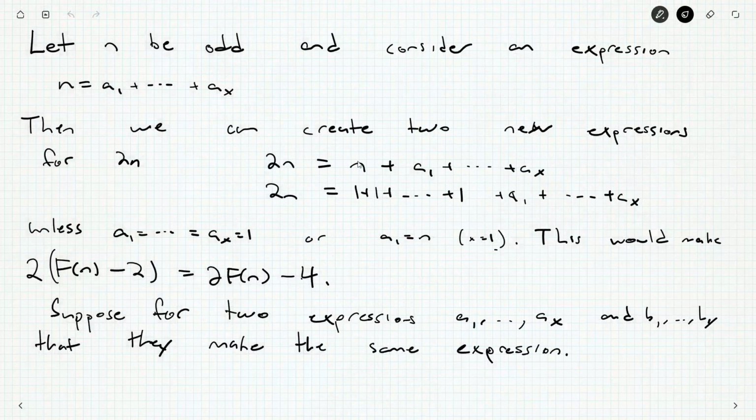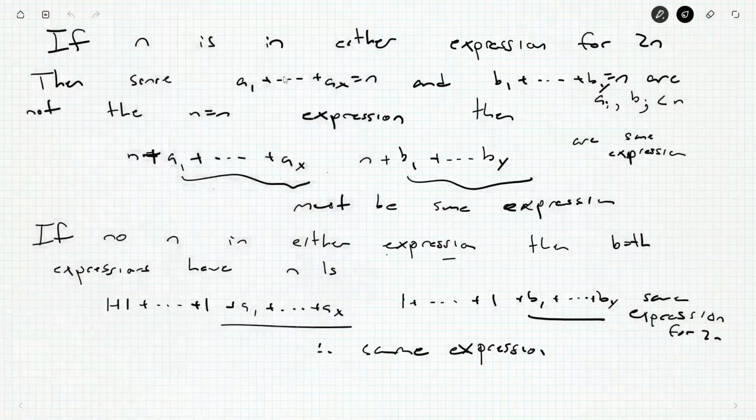Well, either there's an n in one of the expressions, and therefore, since it's the same expression for the two n's, there's an n in the other expression. But since I banned the n equals n expression being one of the a1 up to ax's, both of these sums have to use only odd numbers that are less than n. Okay?